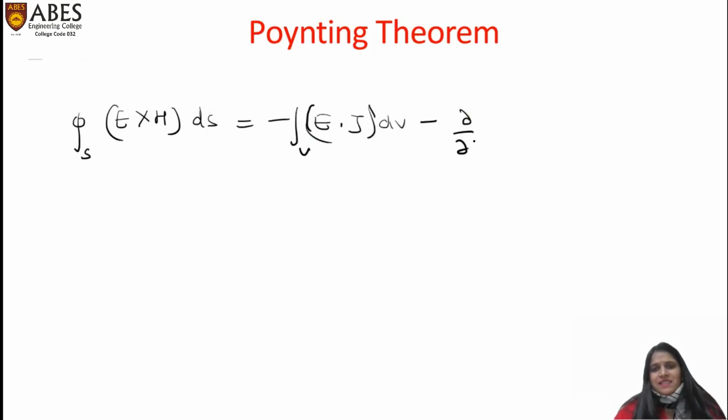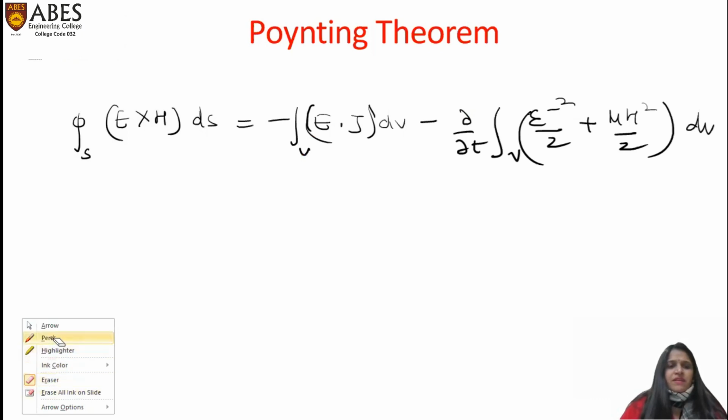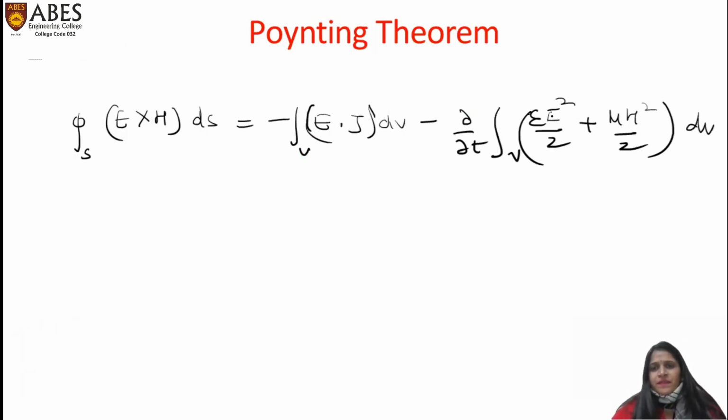Minus del by del T volume integral epsilon E square by 2 plus mu H square by 2 dV.